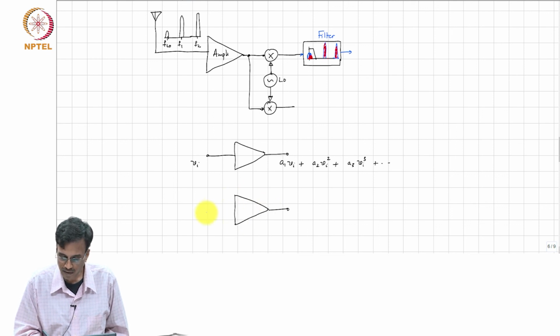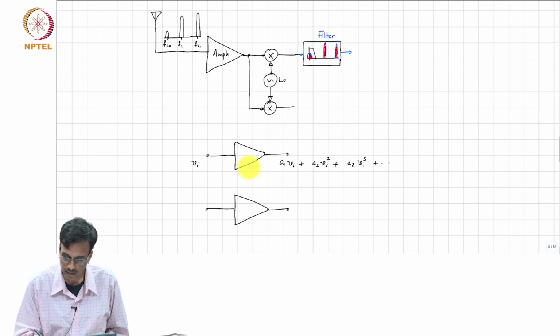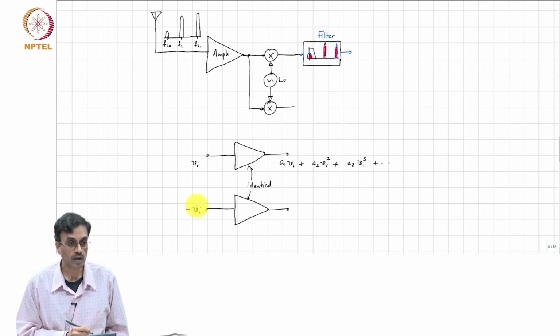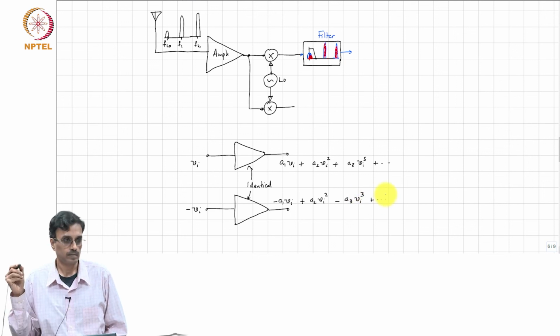Now let us say we took another identical amplifier and you apply minus Vi here. So this will be minus A1 Vi plus A2 Vi squared minus A3 Vi cubed and so on.